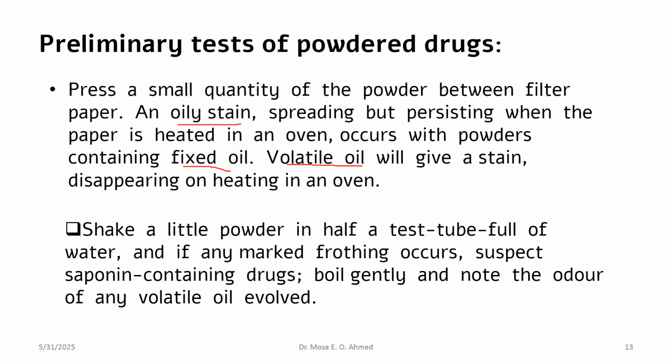If an oil stain is present and resistant for a long period of time and when heated in the oven, that means the sample contains fixed oil. If the oil is volatile, then the stain disappears on heating in the oven.